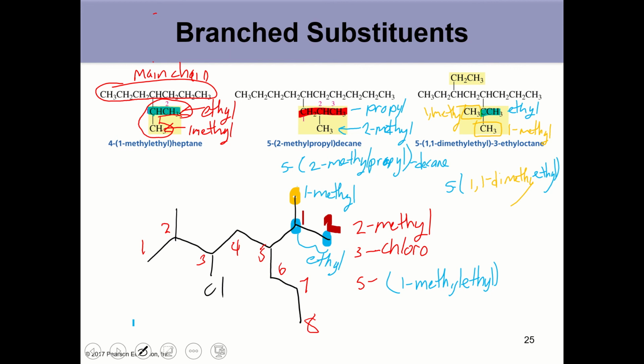C will be first, so we have 3-chloro, followed by methyl, because not having a letter at all comes alphabetically before the letter E. So we have 3-chloro, 2-methyl, 5-parentheses 1-methyl ethyl, close parentheses, dash octane. And that is how that molecule would be named.